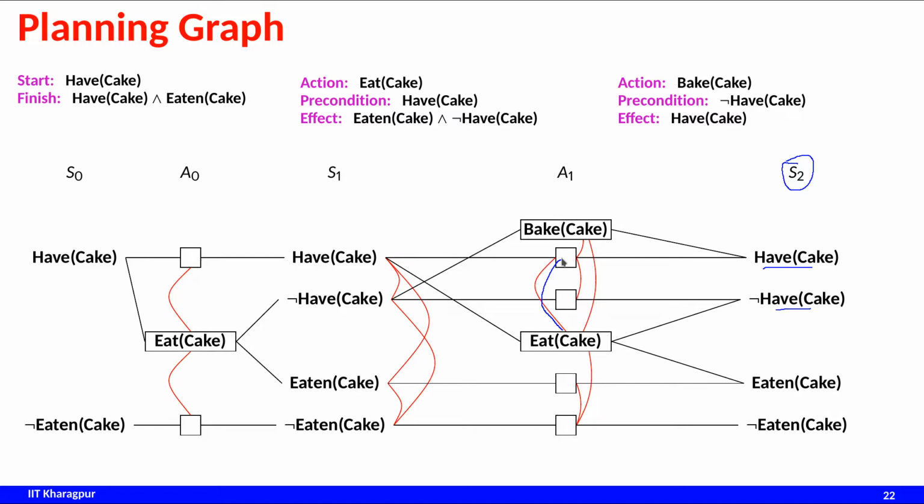If I apply these two actions together, then I cannot have cake with me because it will result into not have cake. So these two actions are also mutually exclusive. They result into conflicting stuff. So that will be the set of mutex actions that we can represent here.